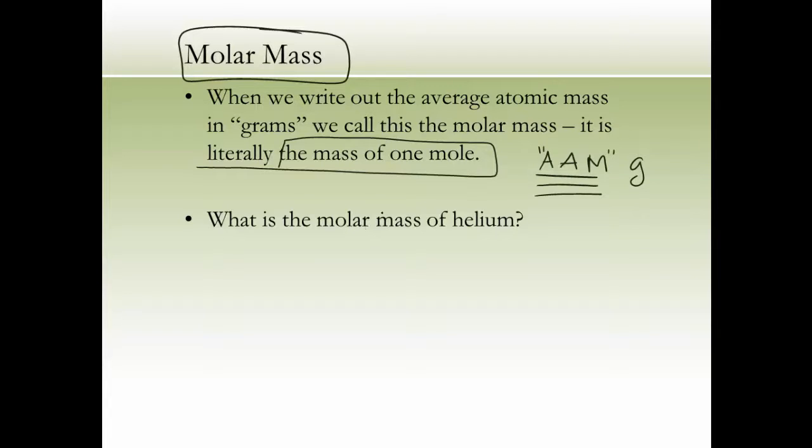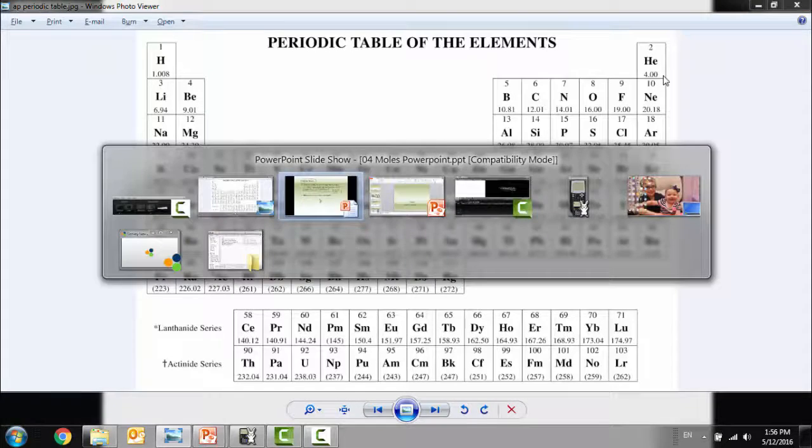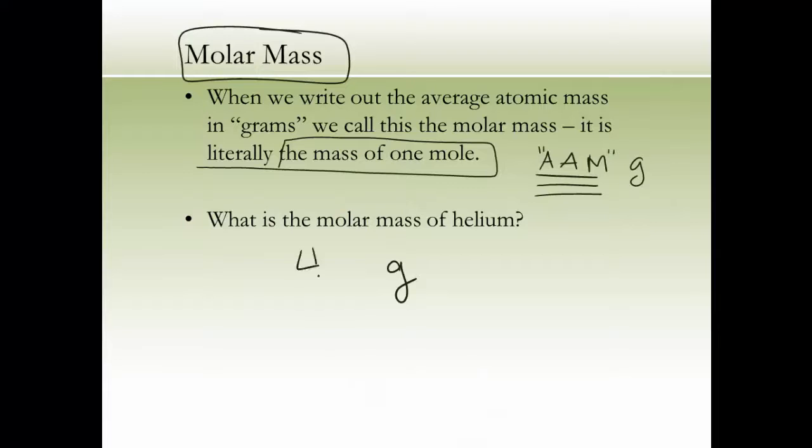So what's the molar mass of helium? It's going to be whatever its average atomic mass is in grams. So for helium on the periodic table, its average atomic mass is 4. So its molar mass is also 4, but it's 4 grams. Okay? Because a mole is a really big number, that's a lot of atoms. It's so big that it can actually be measured in grams now.